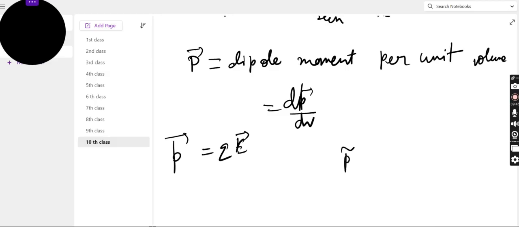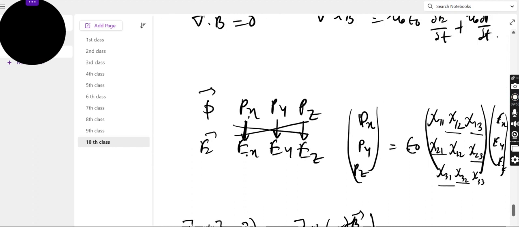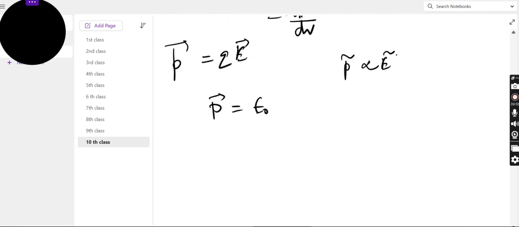So P is somehow related to E. We say that P is epsilon naught chi E. So that's how P is related to E. I don't understand how this came about, why we thought that polarization is connected to the electric field. So P is epsilon naught chi E. So for 1D, this is like this.